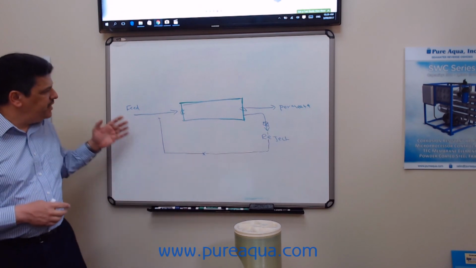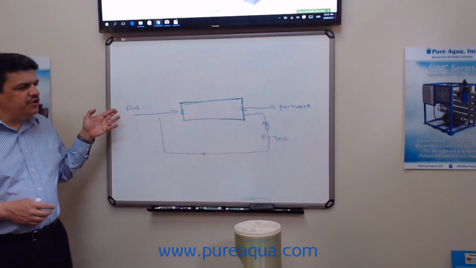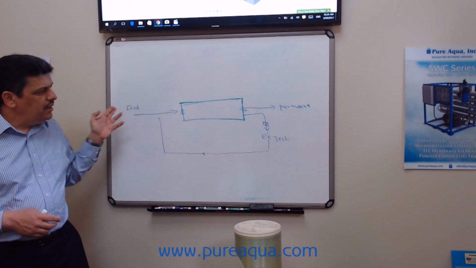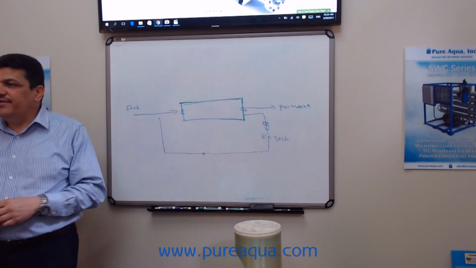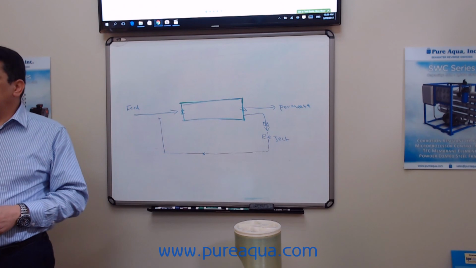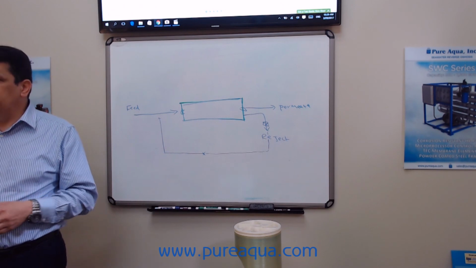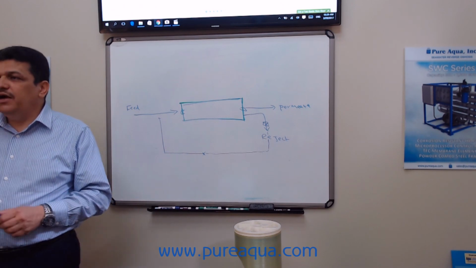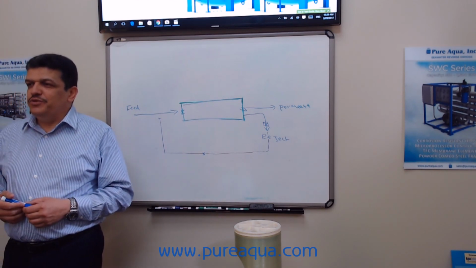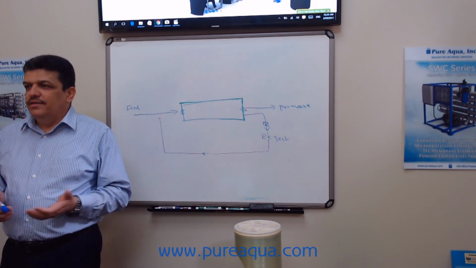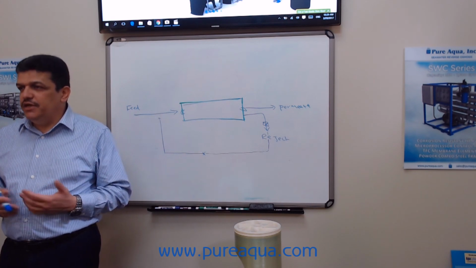That means if you are feeding 100 GPM here, you would get a reject of maybe 5% of that, which is really good because we're talking about really high salinity water. It's not only high salinity, it has a lot of other constituents in the water that are really difficult to treat.